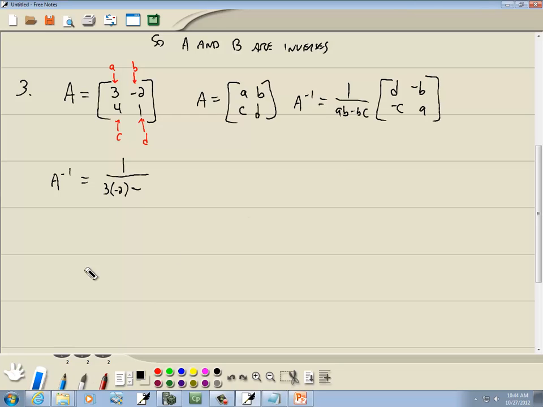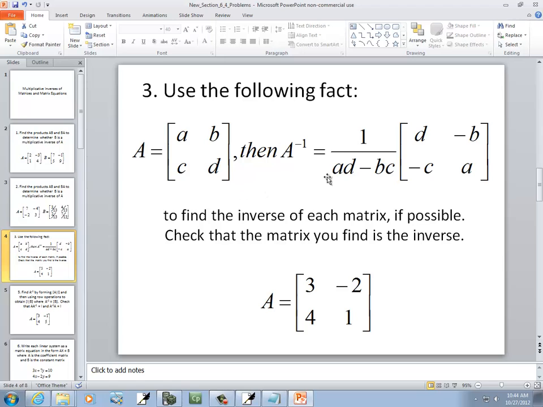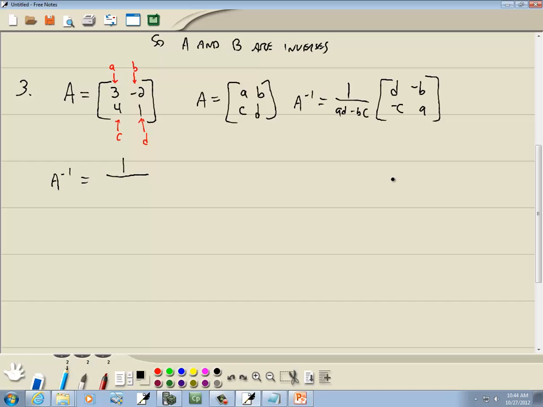That didn't seem right when I was doing it. I've worked this method, it's ad minus bc. I even double checked myself. So I take a, which is 3, times d, which is 1, minus b, which is -2, times c, which is 4.